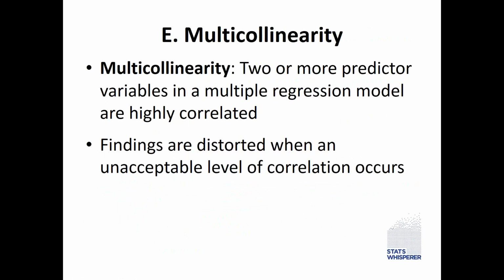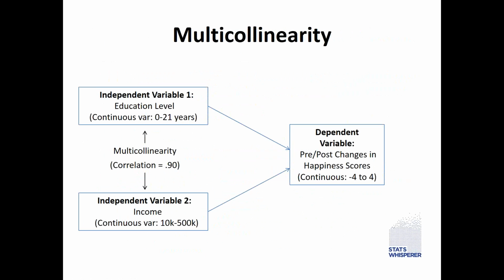And lastly, we want to look at multicollinearity. That occurs when we have a regression model and the predictors are correlated at a high level, and that distorts findings. You can't see it. So specifically, what can't you see?